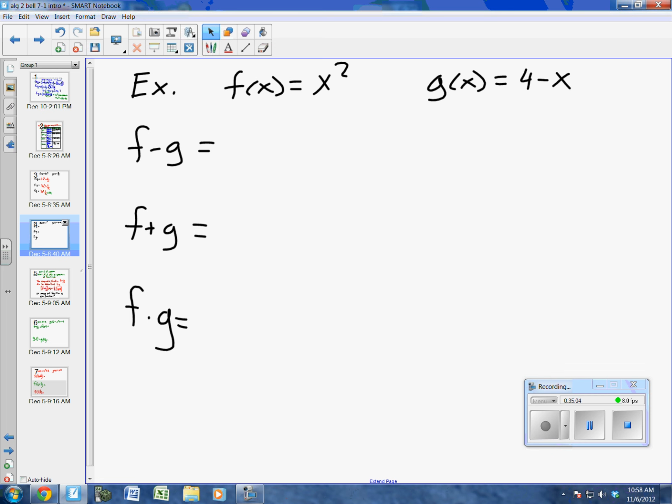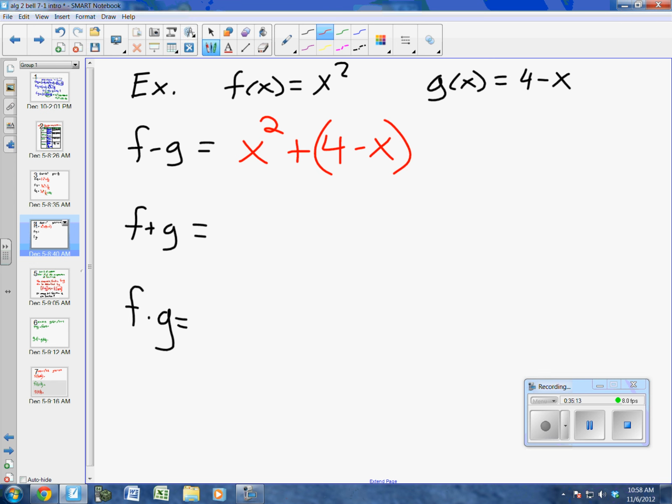Okay, hey you guys, this one right here, x squared plus 4 minus x, right? Oh, that one's f minus, isn't it? First one's f minus, you guys. I was thinking we were going the same order. Well, when you subtract, to drop the parentheses, you got to change the signs of everything inside.